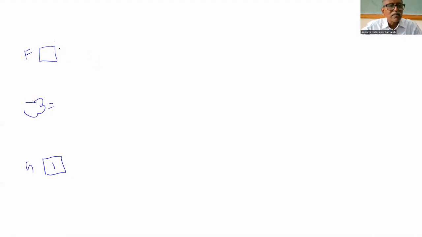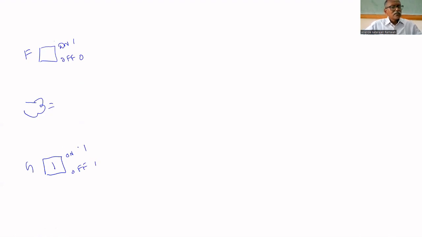Let us assume that there are two states, on and off, logic 1 and logic 0. Suppose here it is in the on state, the lamp will glow.